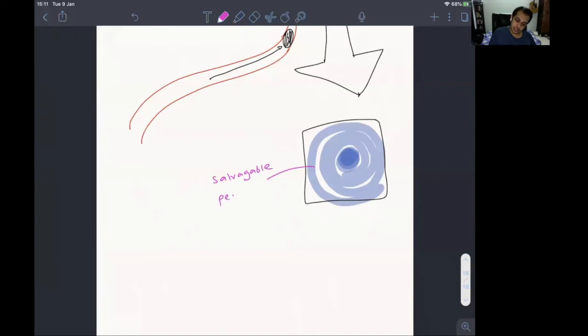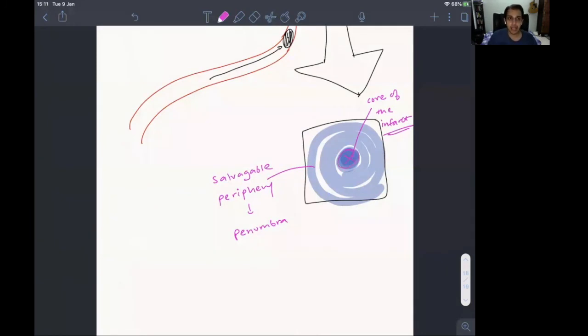And this periphery is known as the penumbra. And the central region is called the core of the infarct. So this part is already dead. There is nothing you can do to save the central part.